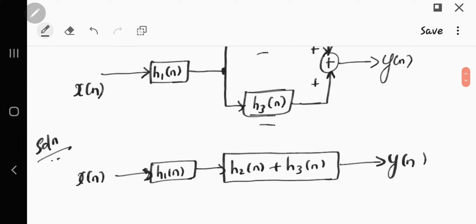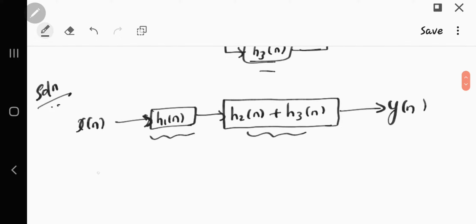This is the first step of reducing this. Now we have two systems, one connected in cascade with the other. If you apply the cascade property here, the first one is h1 of n. The cascade property says that if two systems are connected in series, then the system response will be the convolution of the individual impulse responses.